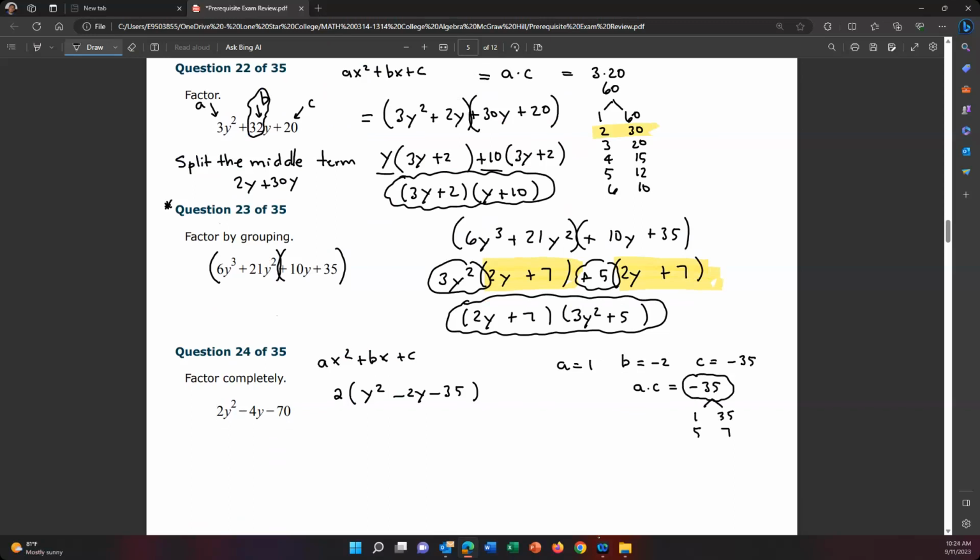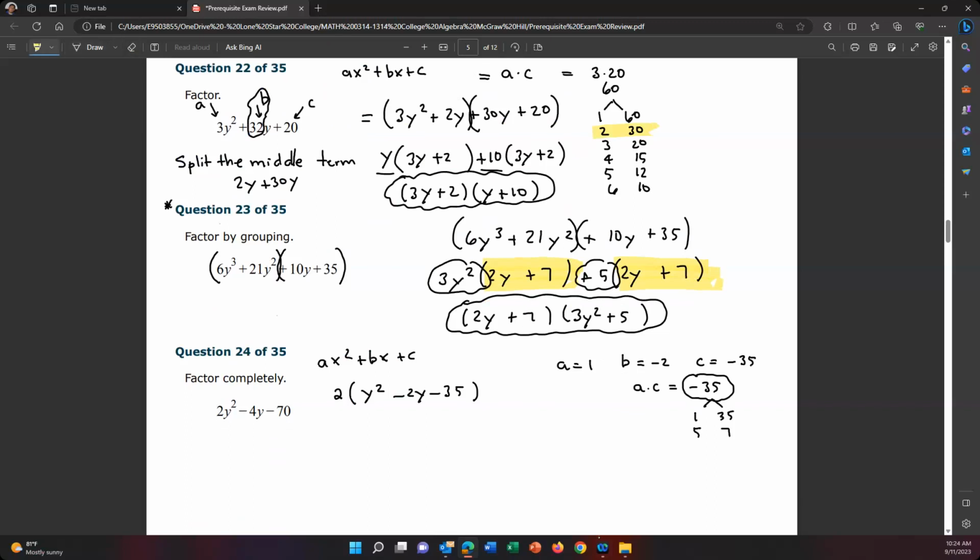What that means is either the 1 is positive and the 35 is negative, or the 1 is negative and the 35 is positive, or the 5 is negative and the 7 is positive, or the 7 is negative and the 5 is positive. But in order to have a negative, one needs to be positive, the other needs to be negative. One positive, one negative.